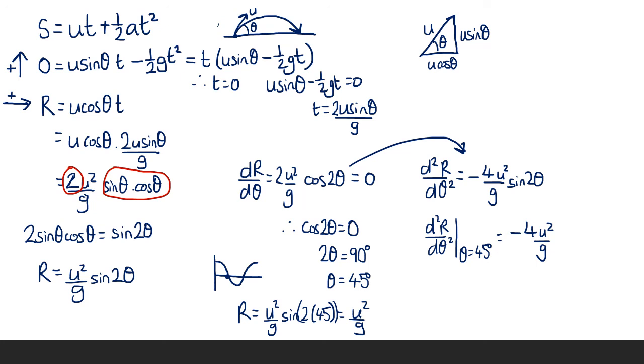And g is positive, that's 9.81. Okay, so that means that this constant here multiplied by the minus 1, that is a negative value. And if we've got a negative second derivative, then that shows that it is a maximum.